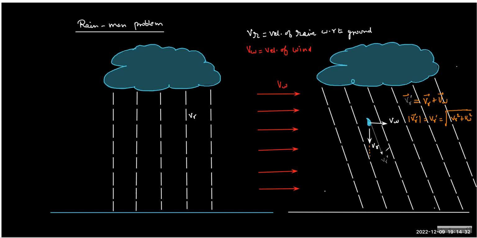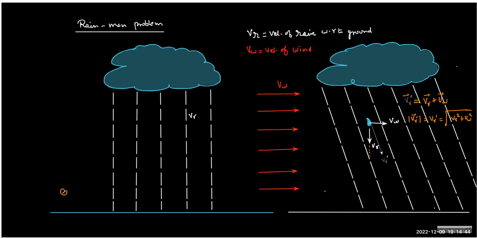But we are going to study something called the rain man problem. So where is the man? Okay, I need to bring the man actually. Okay, let's go to the back page. So the moment a man, let's say a man is walking. So I'll also mention what is VM.